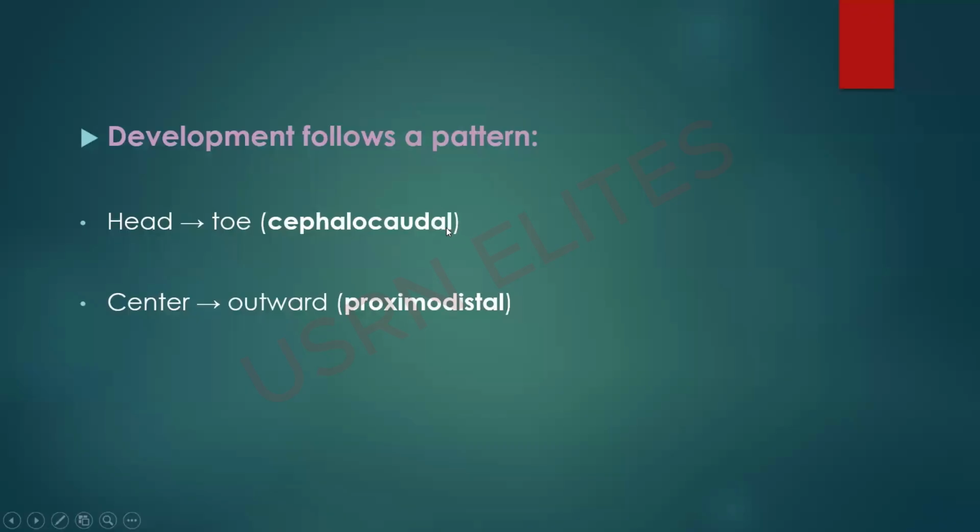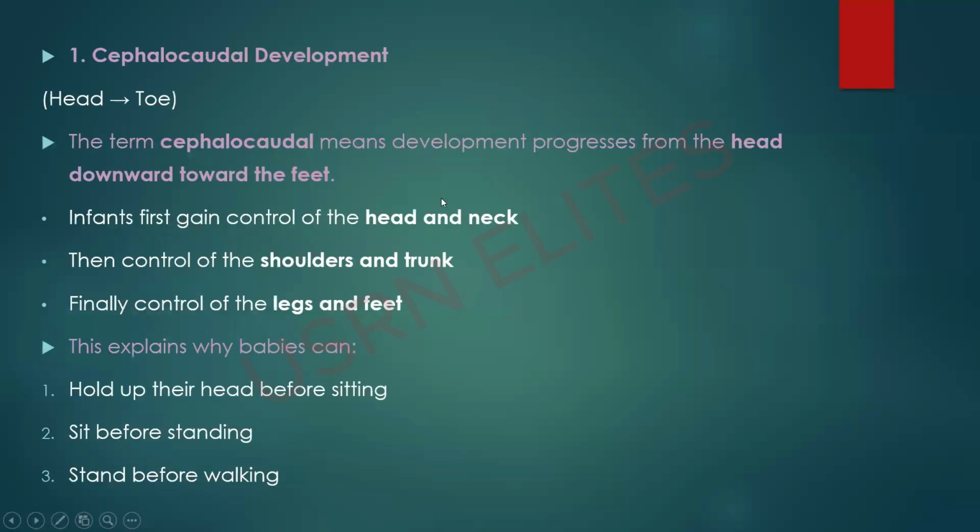All right. So talking about cephalocaudal development, that's head to toe. I listed everything here so that we can digest it well. The term cephalocaudal means development progresses from head downwards, towards the feet. So look at how it happens.